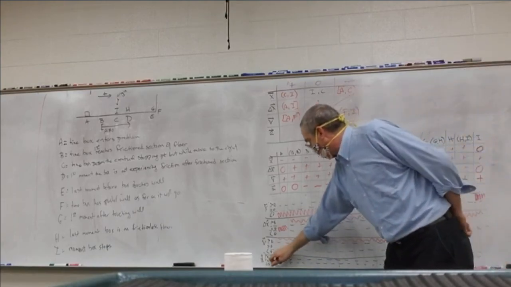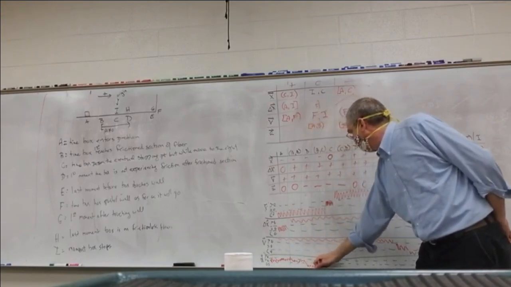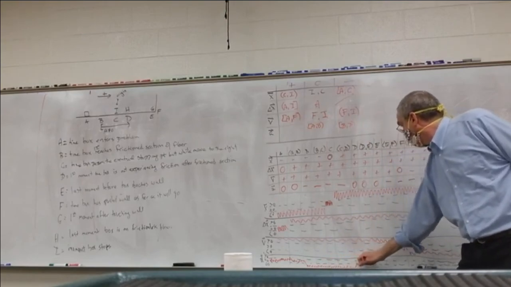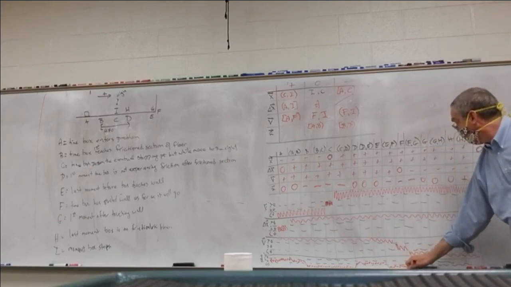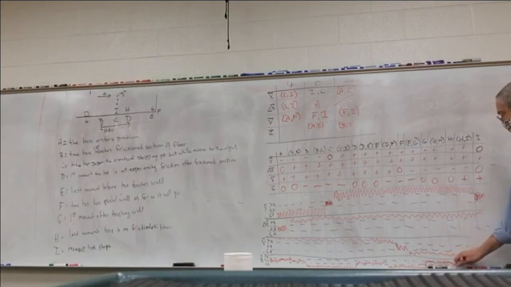So we start out at 0, and then we go negative, and then we go to 0 again, and then negative again, then 0 again, and then positive at the very end.